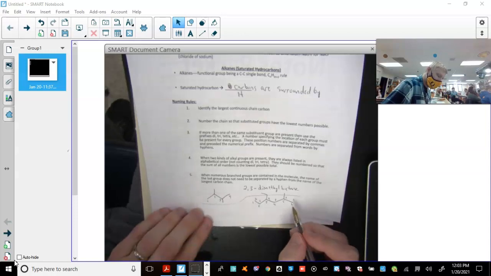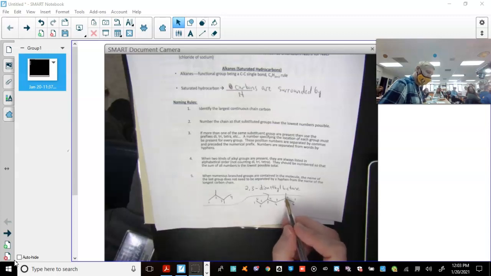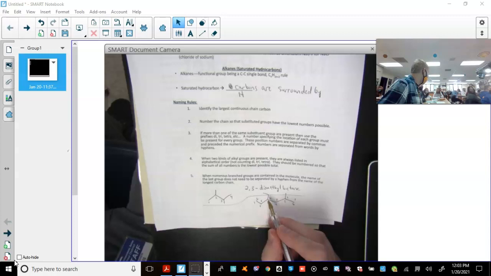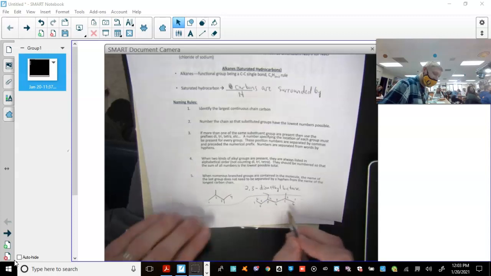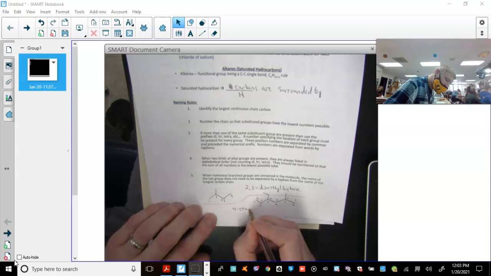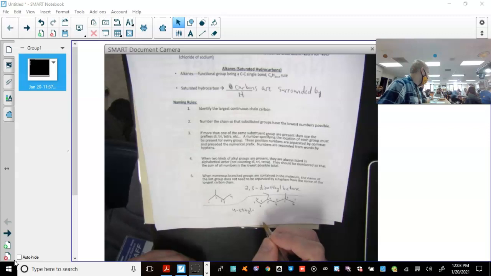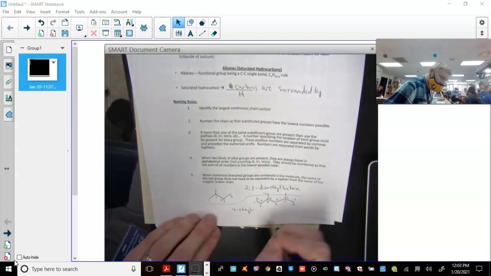So I've got 1, 2. Oh, and then which side chain do I name first? Alphabetical order. So I got methyl and ethyl. Which one, M or E, goes first? E. So I'm going to call this 4-ethyl. And then I got to separate letters and numbers with a dash.